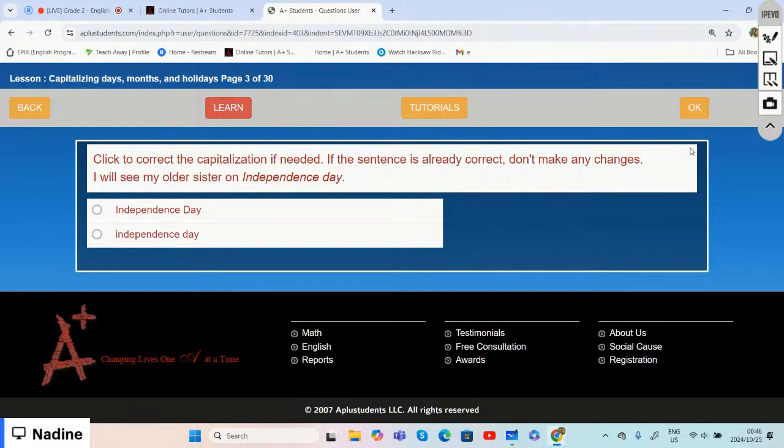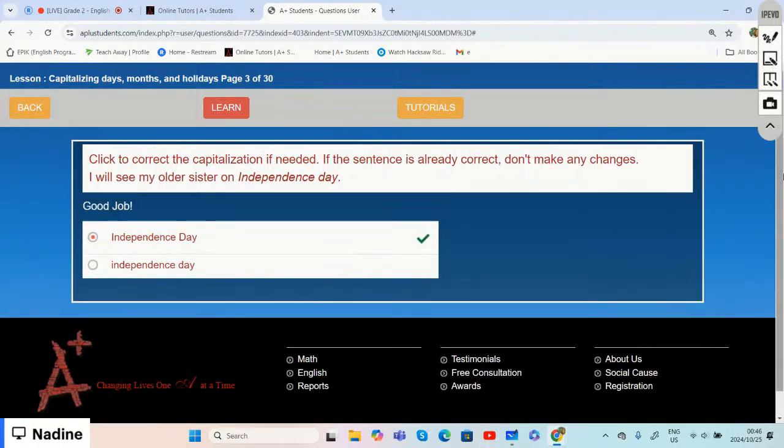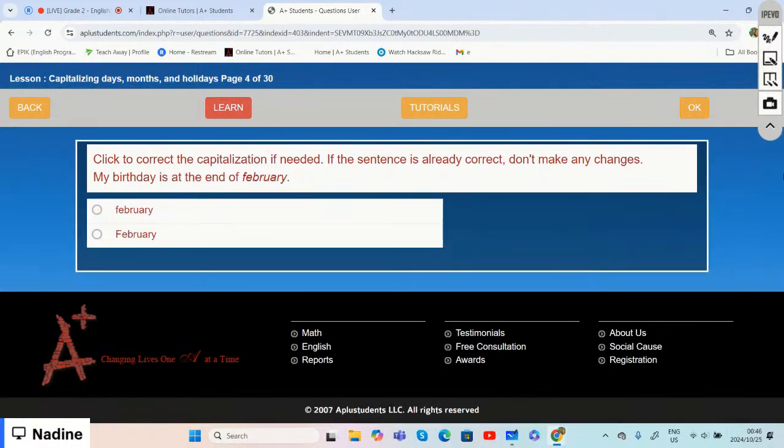All right. And if we were to choose the correct option, we will say option one, which is Independence Day. Yes, well done. Independence Day is correct. Well done.